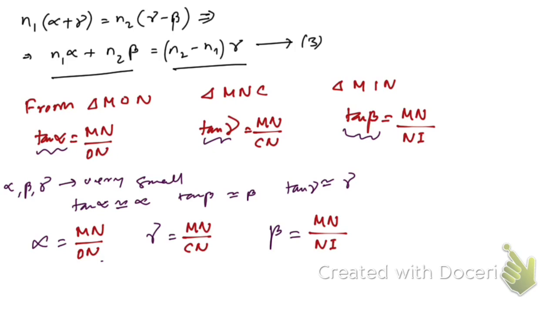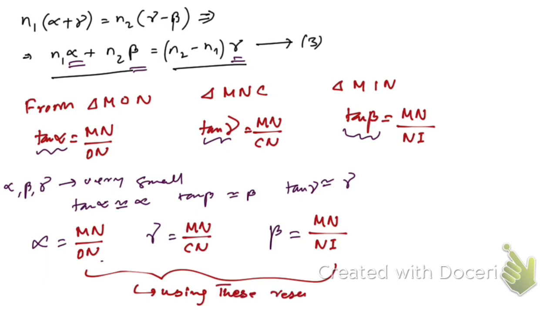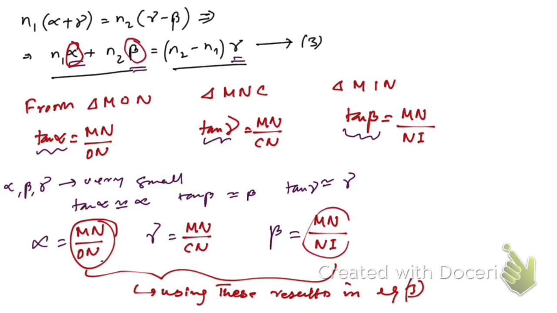Now using this result in equation number 3. Let's put the value of alpha, beta, gamma here. If we replace alpha by this, beta by this result, and gamma by this result, then this relation will be like this.